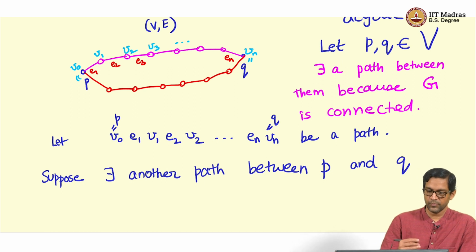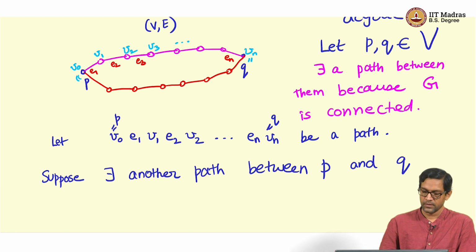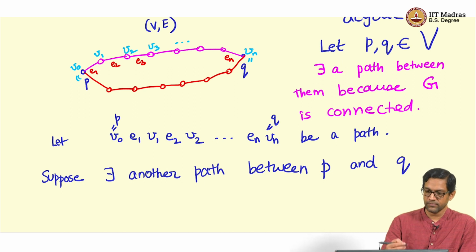If you put both these paths together, what it forms is a cycle in the graph. That's a contradiction because G was assumed to be acyclic, but we have to be a little more careful when making that argument. This is only an intuitive first step. Observe that there is no need for these two paths to meet each other only at the end point.